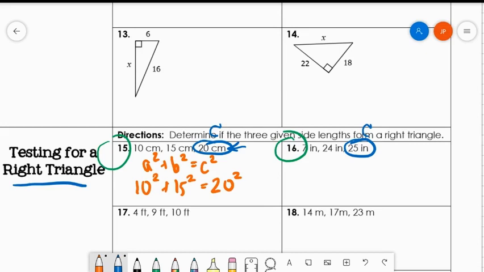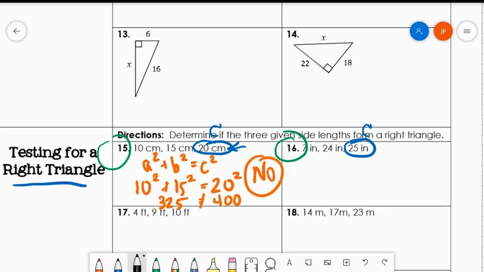If I do that out, I'm going to get 325 on this side. On the other side, 20 squared is 400. Now I have to look at that statement at the end. I've got 325 equals 400. That is not true. So can these three sides form a right triangle? No, they cannot.